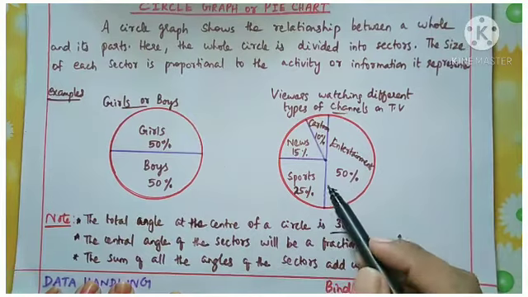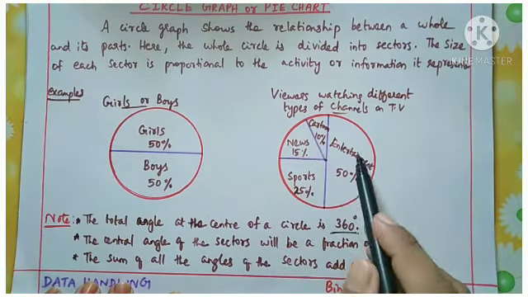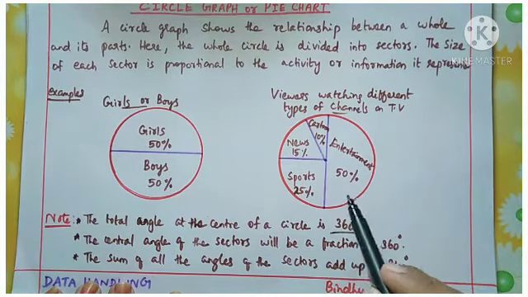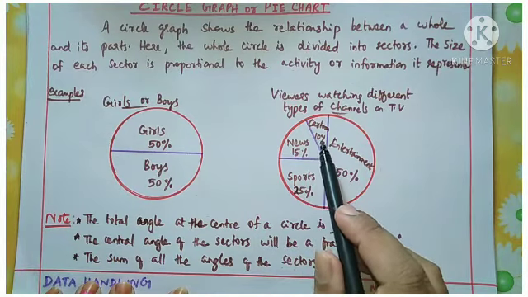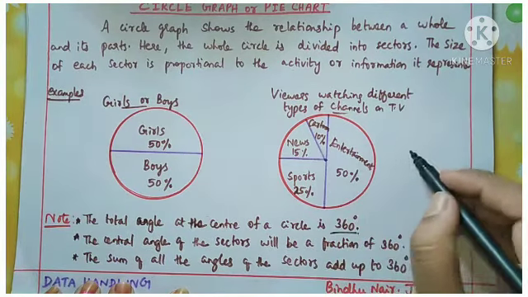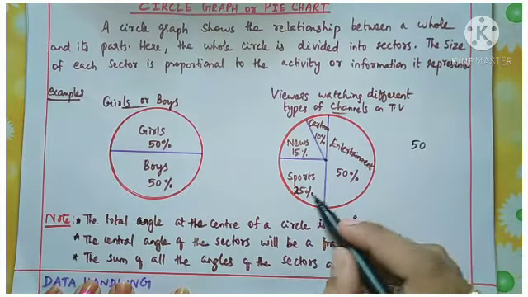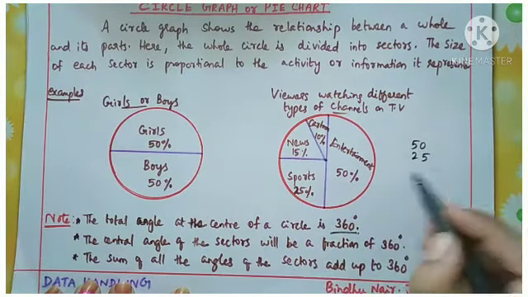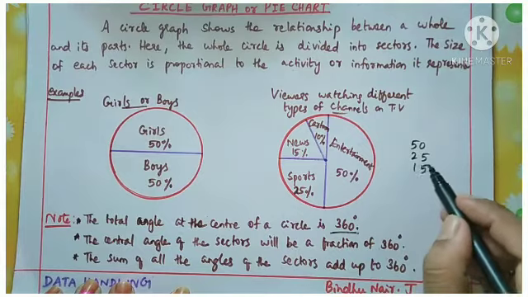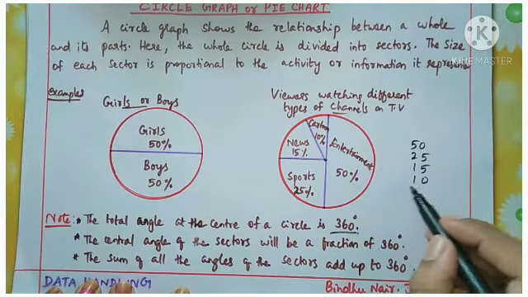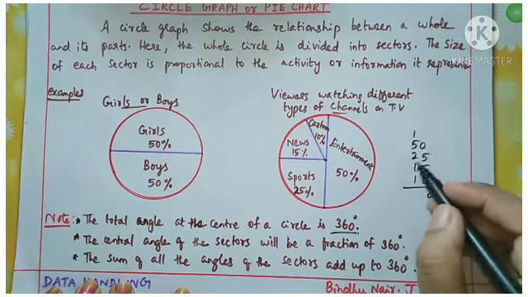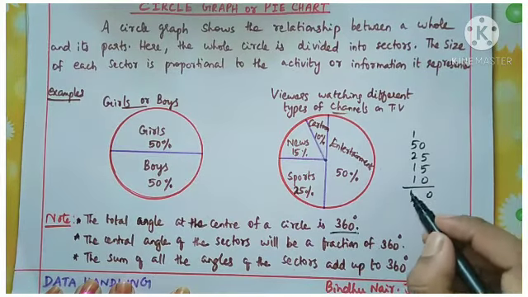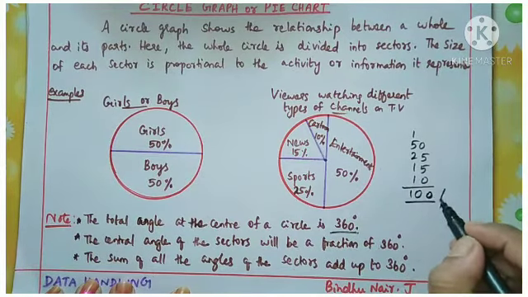Okay, here you see in this pie chart it is marked in percentage. Okay, 50%, 25%, 15% and 10%. So think this is 50%, this is 25%, this is 15%, this is 10%. When you add this, you will get 1 plus 5, 6, 8, 2, 10. Okay, so 100%.